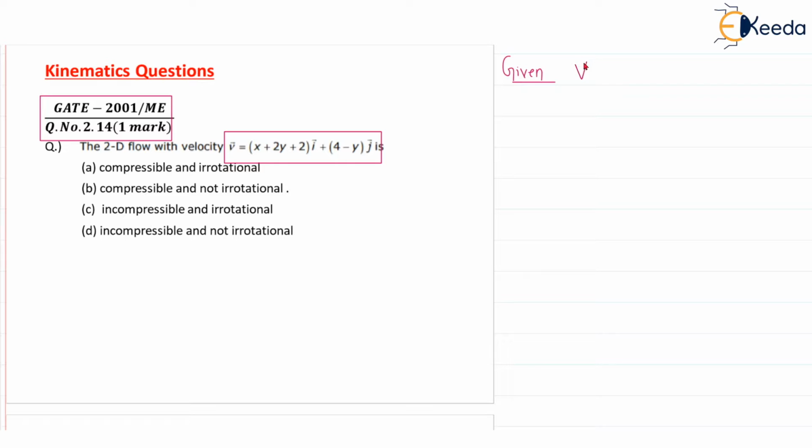V vector is equal to (x + 2y + 2) i cap plus (4 − y) j cap.